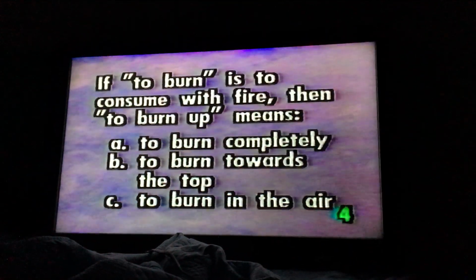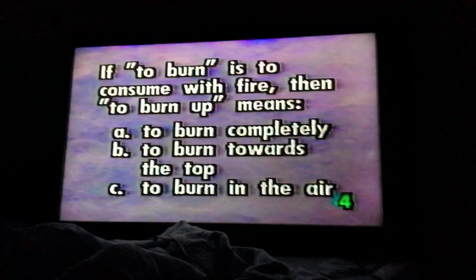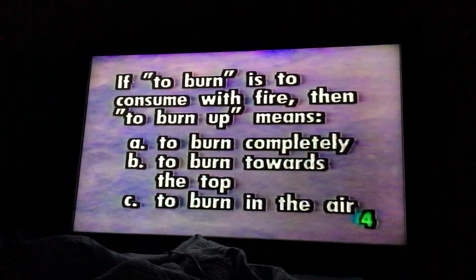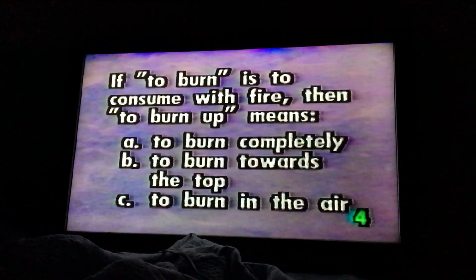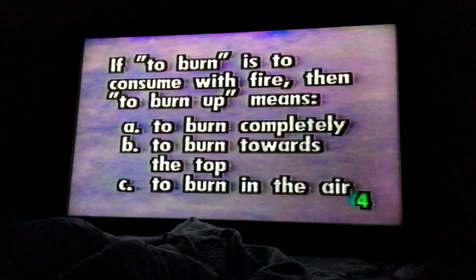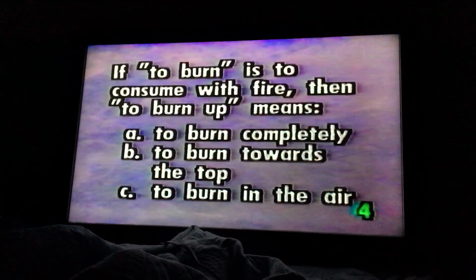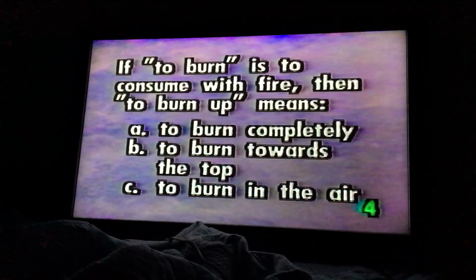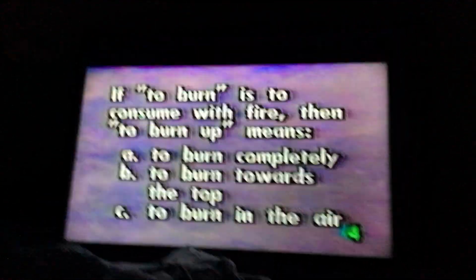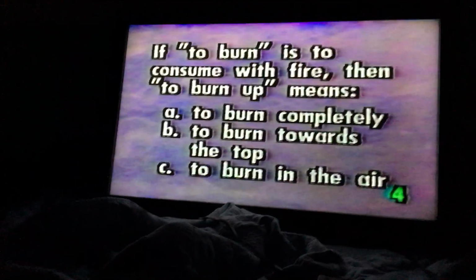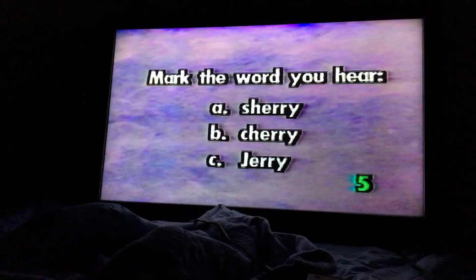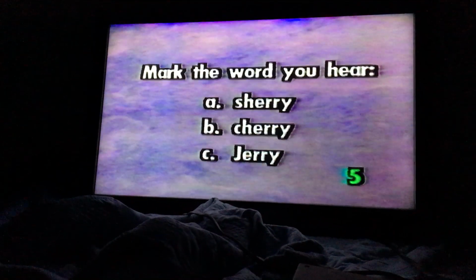If to burn is to consume with fire, then to burn up means to burn completely, to burn towards the top of a building, to burn in the air. Mark the word you hear. Cherry.